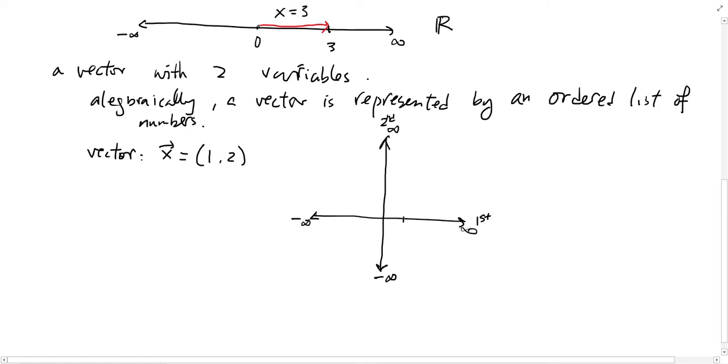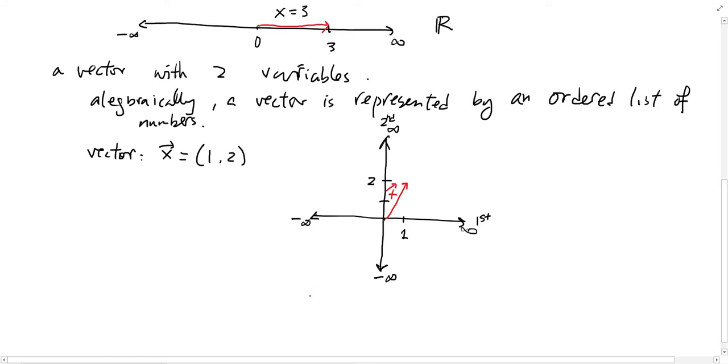So let's say here will be where 1 is, and here will be where 2 is. Then this vector identifies a vector that starts at 0 and ends at 1, 2. Okay, so this vector is now referred to as vector x.